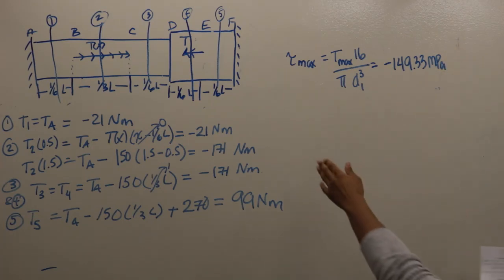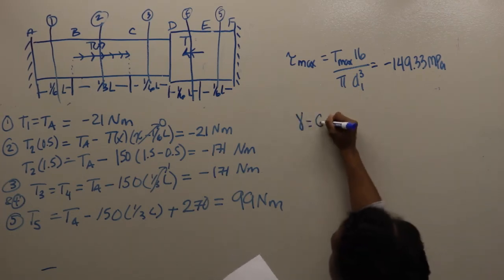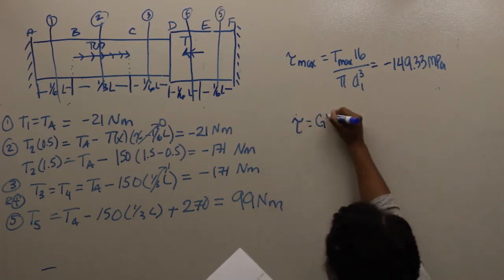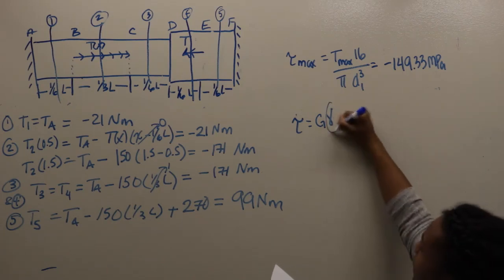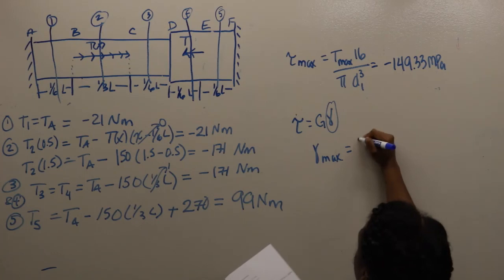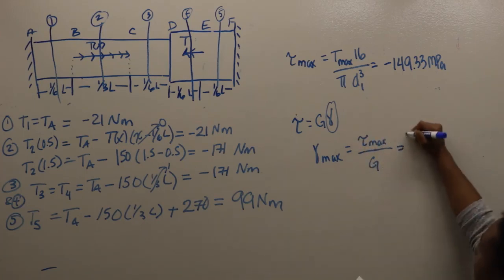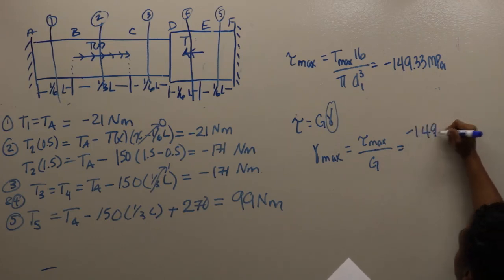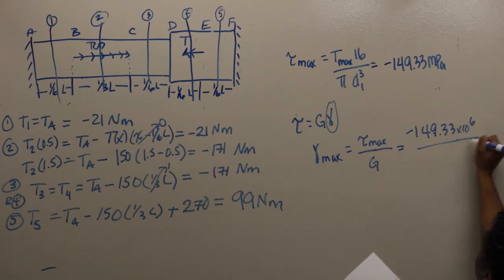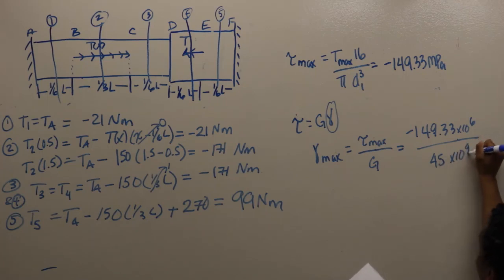Now, using the maximum shear stress, you can actually use this equation to find the maximum shear strain. So the shear strain max equals tau max divided by the shear modulus, which equals negative 49.33 times 10 to the 6 divided by 45 times 10 to the 9.